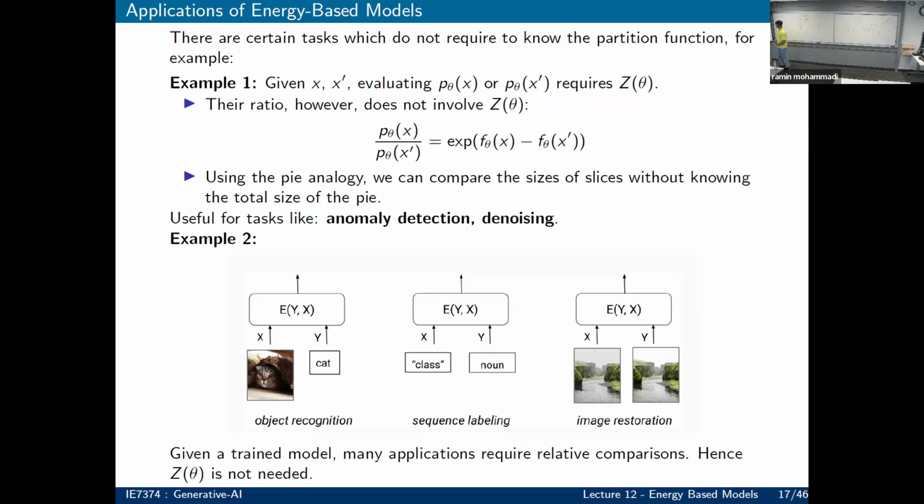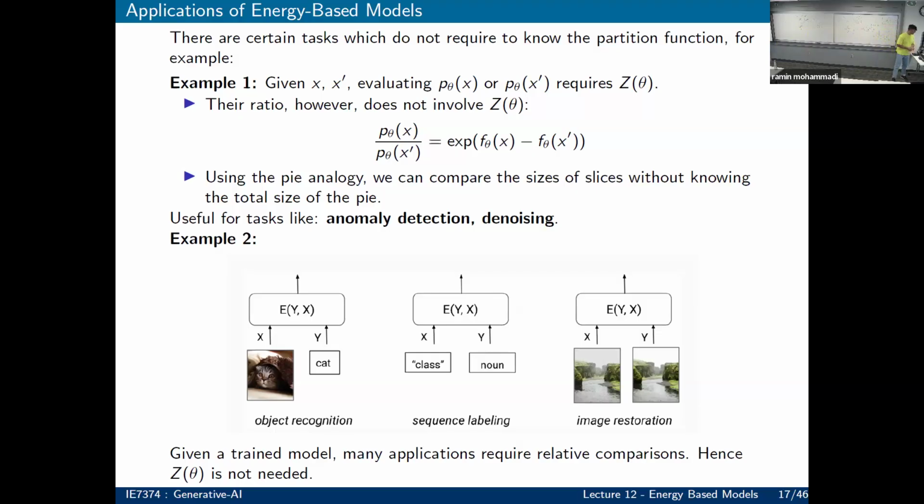So that's where the z of theta disappears, and the ratio of p of theta for this one becomes technically the exponential of this value minus the other value. Again, if you try to just compare data and see which one is more likely, you don't need the normalization factor. All you need is the exponential of the model value and the difference between those two.